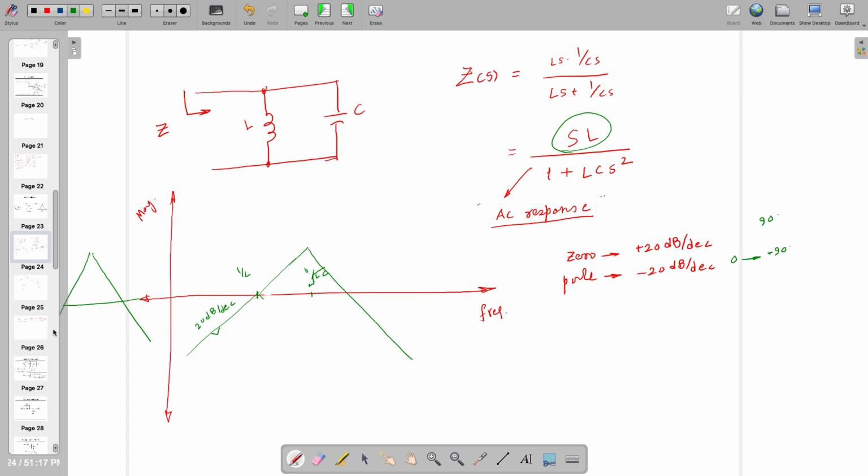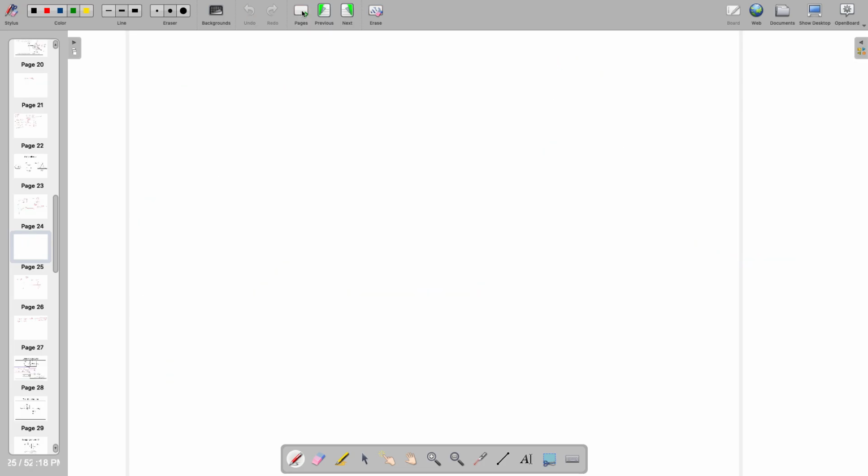By the way, we are taking care of only causal systems. On the y-axis is magnitude in decibel. Just help me.